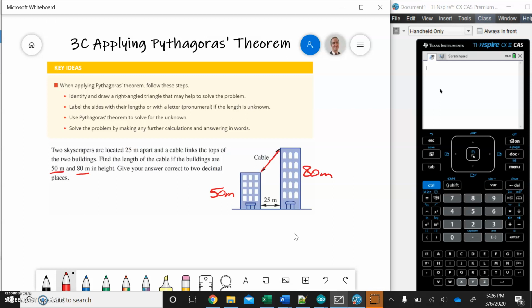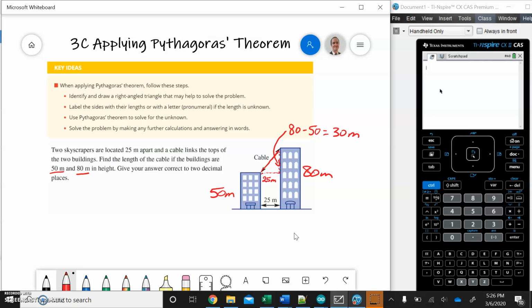Now, I know the distance between those two buildings is 25 meters. And I can find the length of that side by finding the difference between the heights of the buildings, which is 80 minus 50, which is 30 meters.